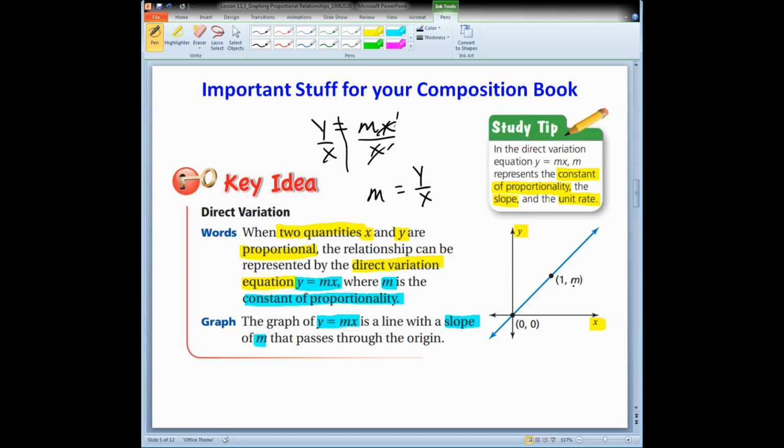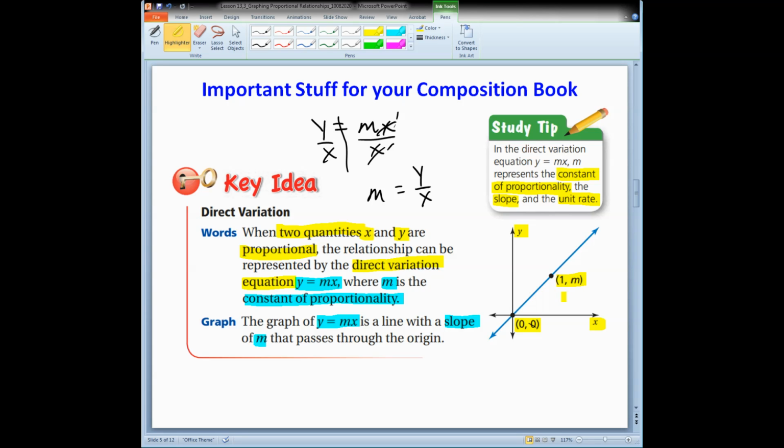So let's look at the points we have here. We have this point, (0, 0), and we have this other point that's on this line, y equals m times x, which is (1, m).